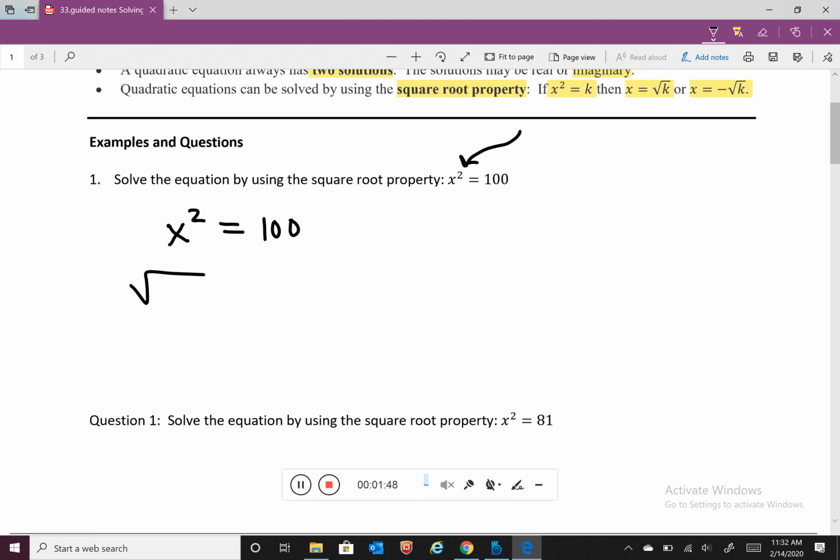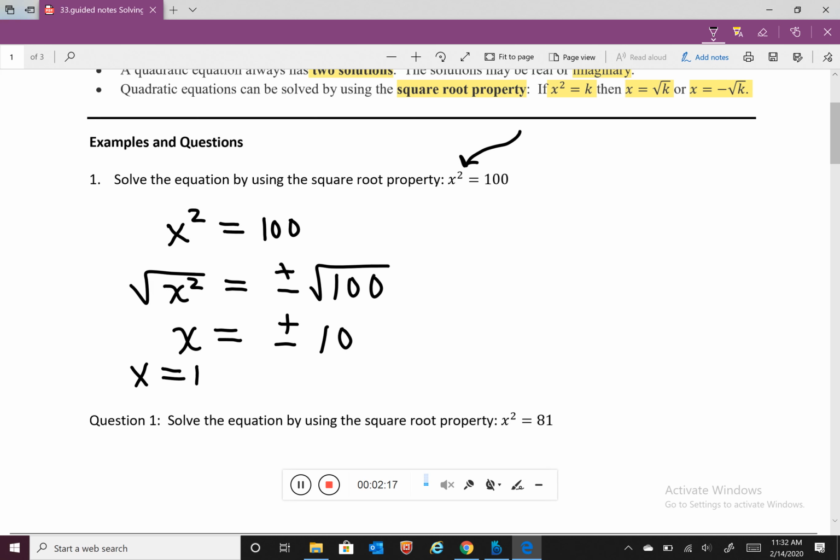So the square root of x squared is equal to the positive or the negative square root of that constant 100. So the square root of x squared is simply x. And notice 100 is a perfect square, so the square root of 100 is 10. So our solutions are positive or negative 10. So the first solution is positive 10, and the second solution is negative 10.